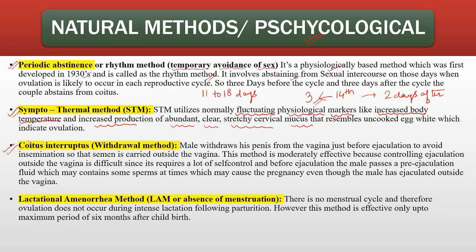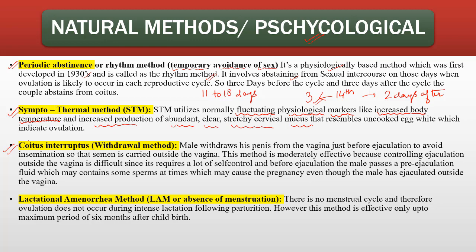Coitus interruptus, the withdrawal method, basically means that the male co-partner, before the ejaculation of the sperm, should remove the penis from the vagina. It involves a lot of psychological control, and that is why this method can fail many times.